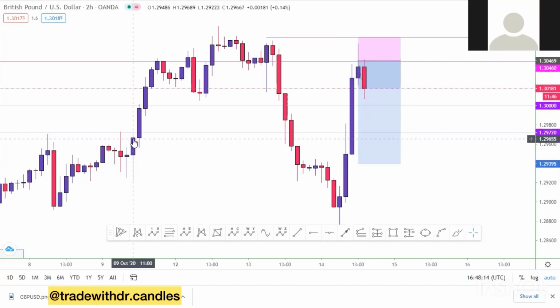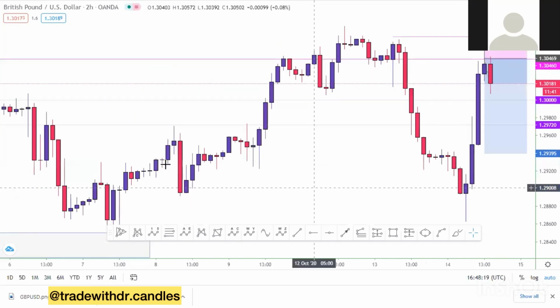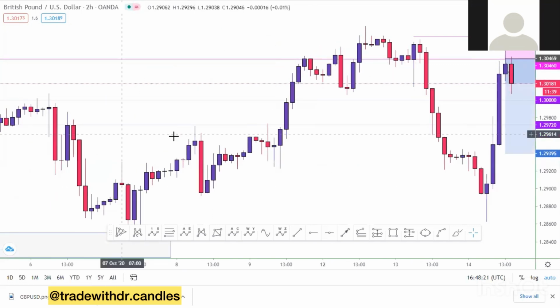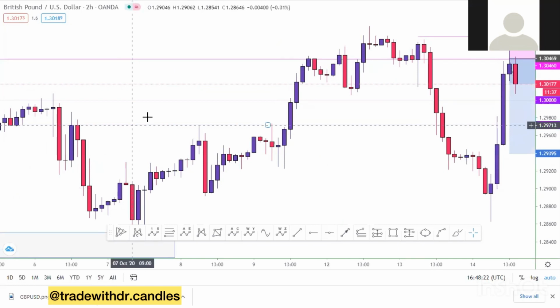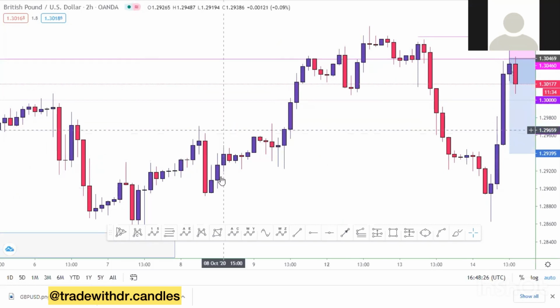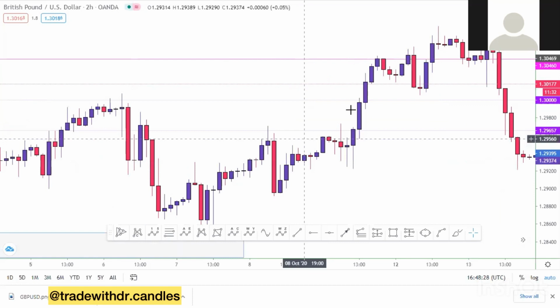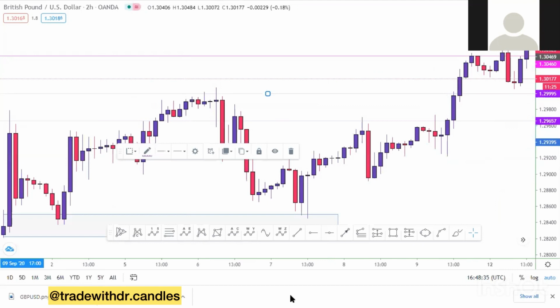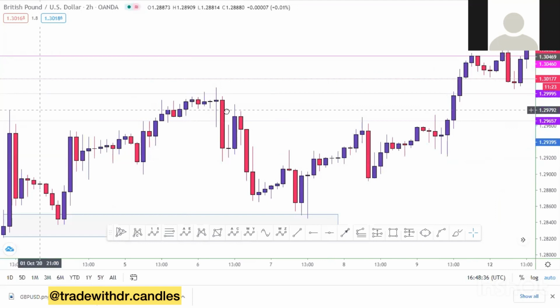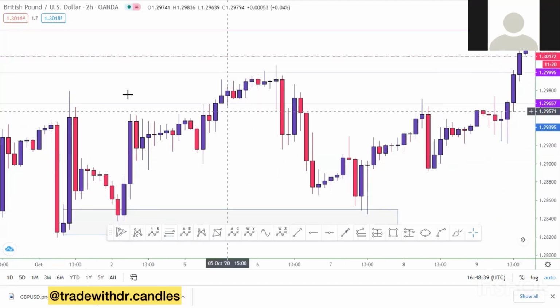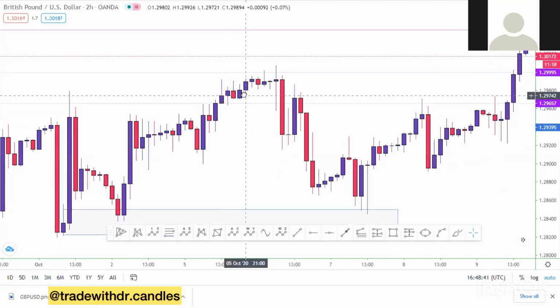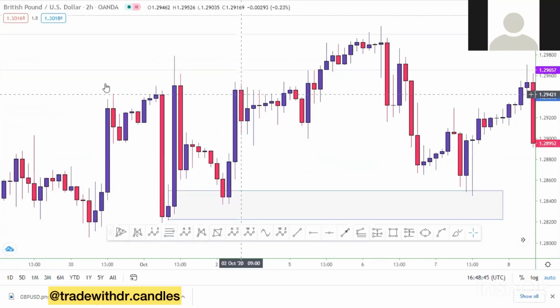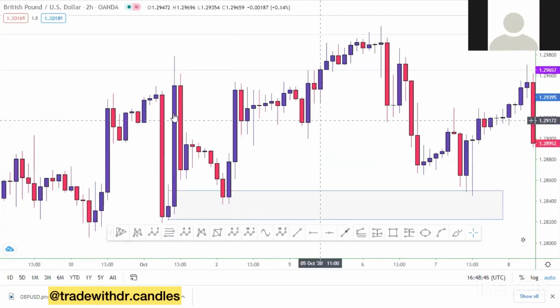The same thing applies for bearish markets. Okay, so this is another move.